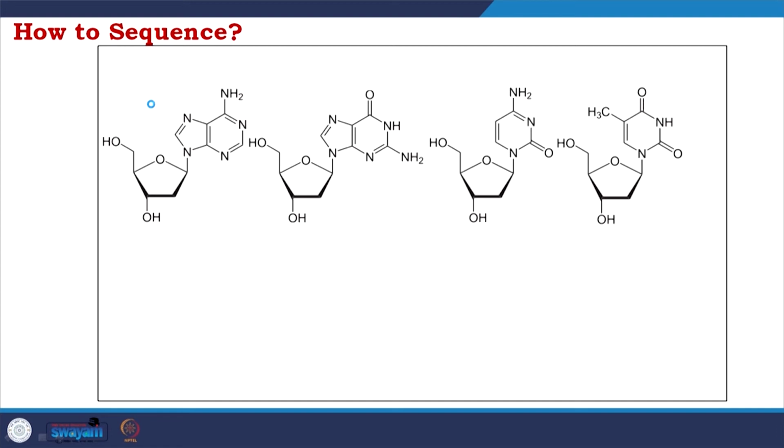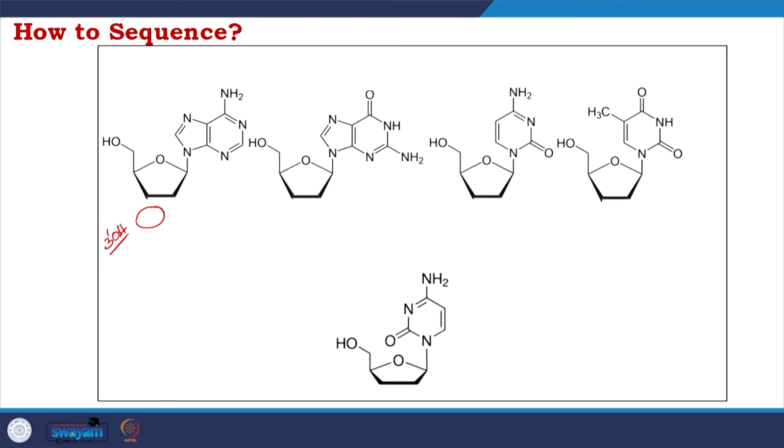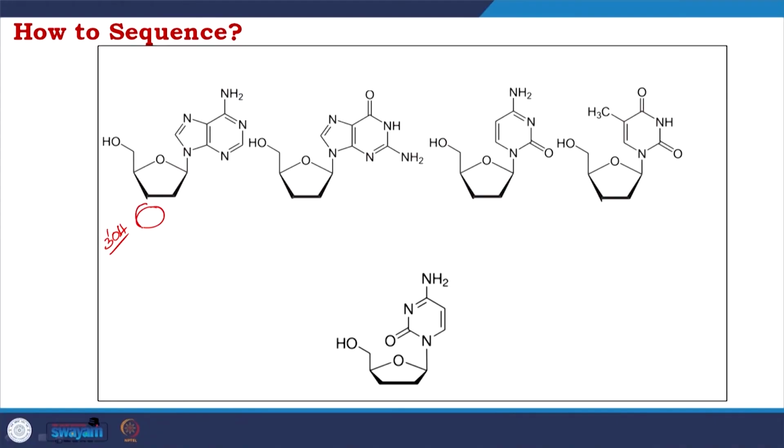You know, in DNA there is only one hydroxyl group instead of two, and if you remove this 3' hydroxyl group, you will get a molecule like this, and this molecule would not continue the DNA synthesis process, because this residue, this 3' hydroxyl, is essential for elongation.